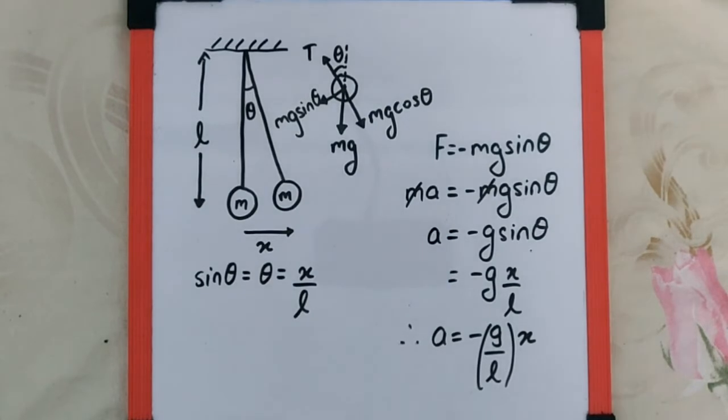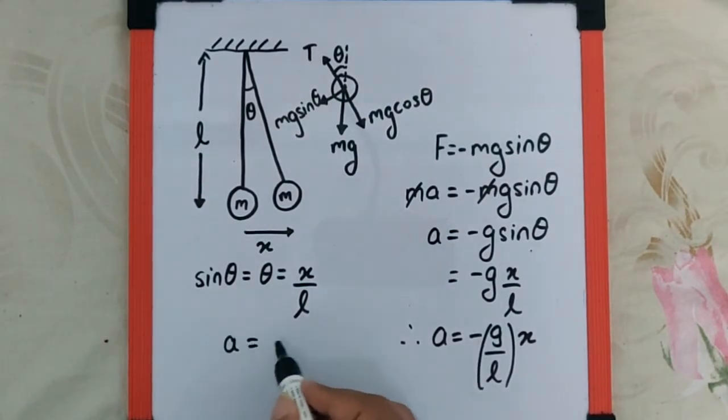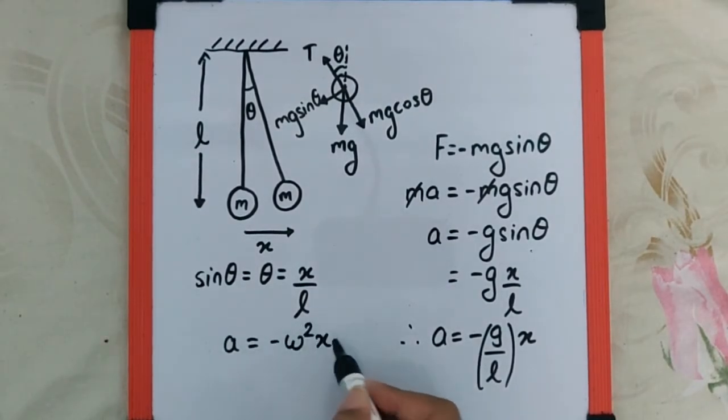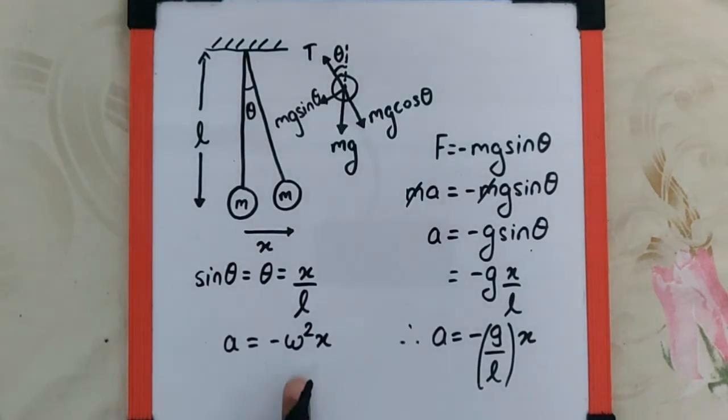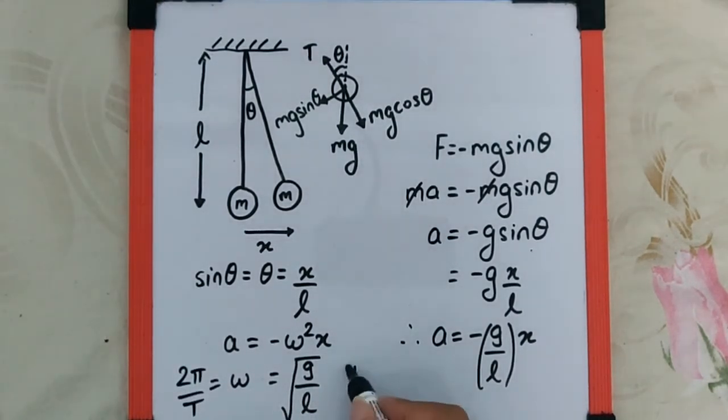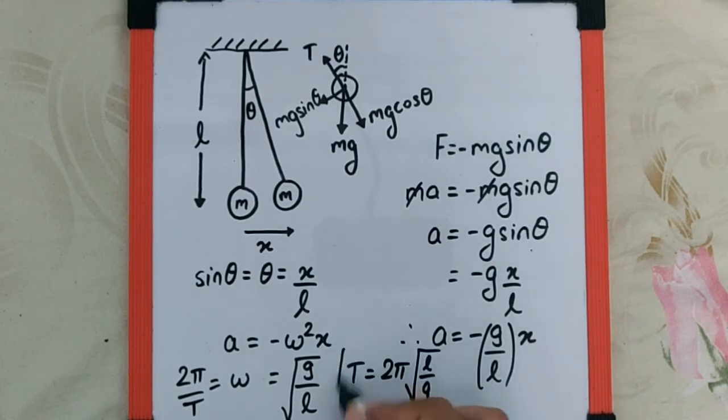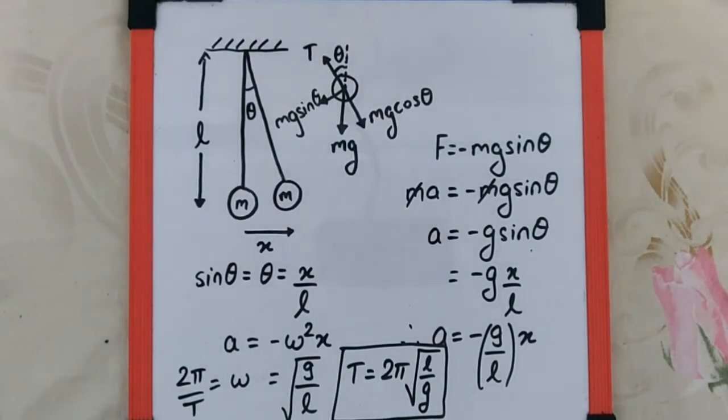Now if you remember, the acceleration expression was minus omega square x, which means if we equate this to our expression, we get omega square as g by L or omega as root g by L, which means 2 pi by T is root of g by L, and so the time period is 2 pi root of L by g, and that is the expression for the time period of a simple pendulum.